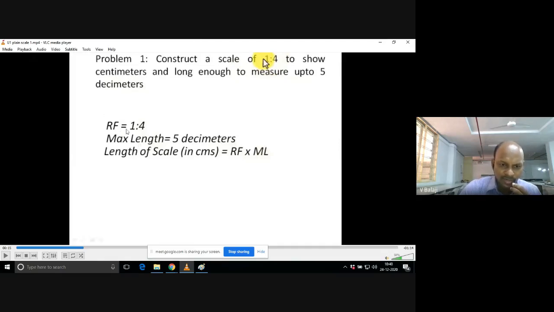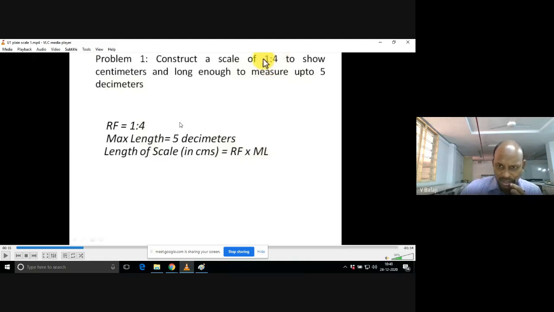So the representative fraction, note down, is equal to drawing size by actual size. Why I'm calling it size: it is not necessarily length. There will be some area problems, like agricultural land, and sometimes the units may be volume, that is centimeter cube, meter cube, kilometer cube.